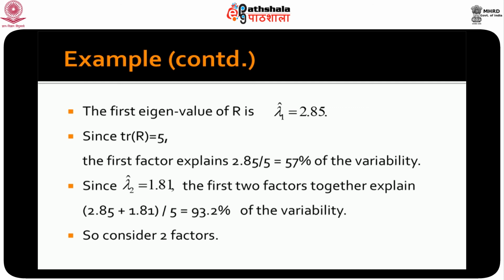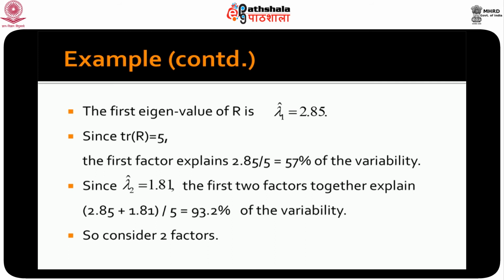Now 2.85 out of 5, which is the total variability, because the diagonal in this case is 1 1 1 1 1, a total of 5. So it's 2.85 divided by 5, which is a little less than 60%. But if we take the second eigenvalue, lambda 2 hat equal to 1.81, then together the first two eigenvalues contribute (2.85 plus 1.81) divided by 5, that is 93% of the variability.